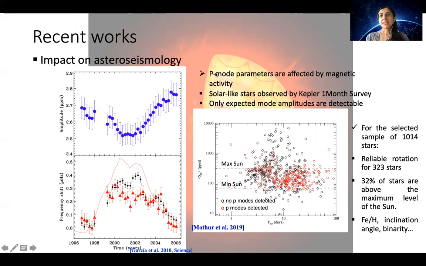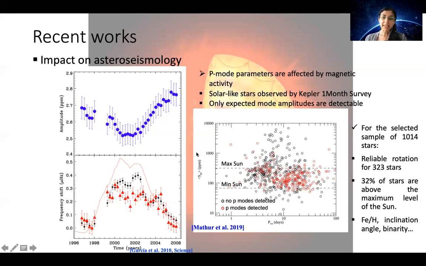So magnetic activity affects the detection of acoustic modes. And actually, looking back at the stars observed during the survey phase of the Kepler mission, we can see that many of the stars where we hadn't detected oscillations were maybe too active.